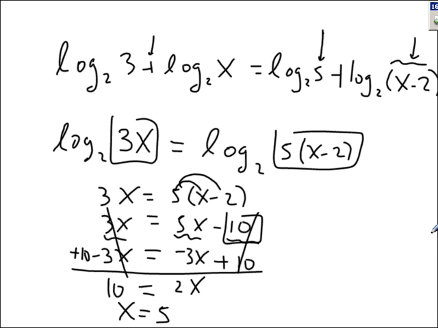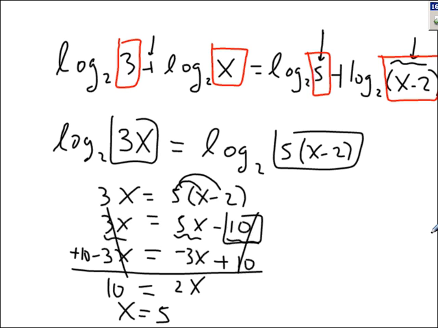Now, we are taking logs of different things. We're taking log of this, and log of that, and log of this, and log of that. And the question is, when x is 5, are those four quantities positive?